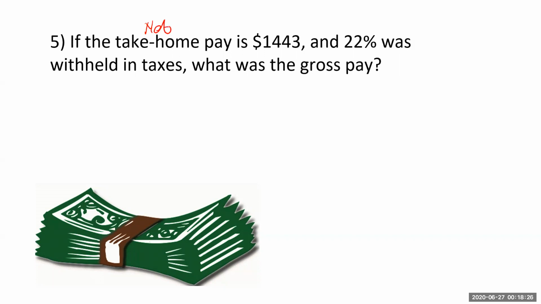The net is after taxes. Is that okay? So if I want to do the net and gross, and then I have the percent right there and amounts if I want. So if your take home pay is that, so that's it, right?